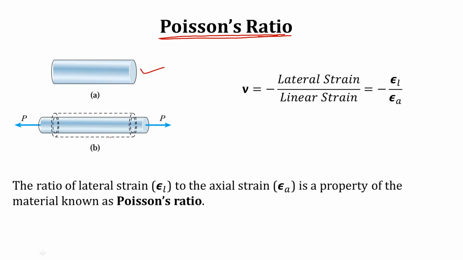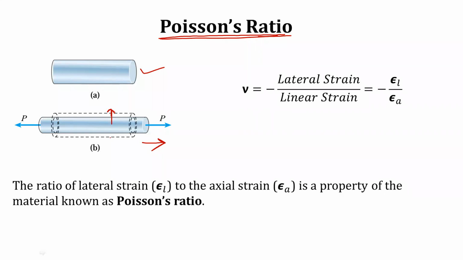If we increase the load, the diameter will reduce. So there are two changes in the dimensions of this bar: one in the axial direction and another in the diametrical, that is radial, direction. So we can have two strain values: one along the length and another along the diameter.